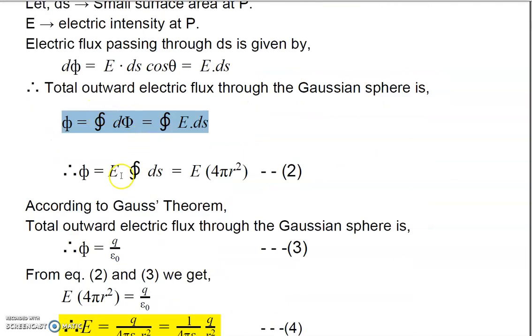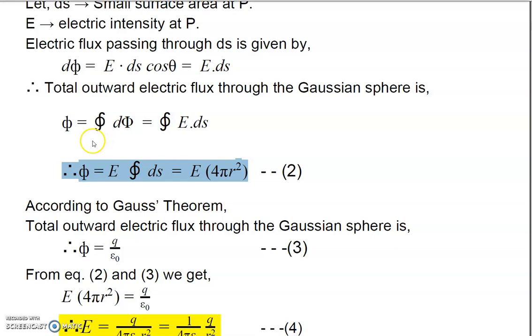So it is taken out of the integration as a constant term, and integration of ds is equal to the surface area of the Gaussian sphere, that is 4 pi r squared. So you get phi is equal to E into 4 pi r squared, the total electric flux passing through that imaginary Gaussian sphere.